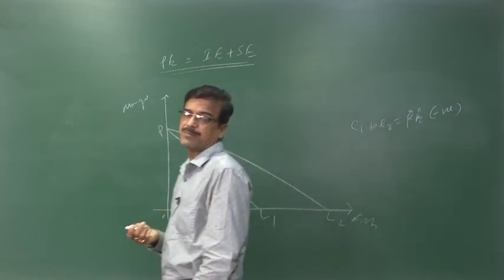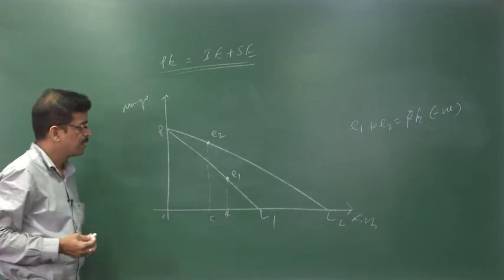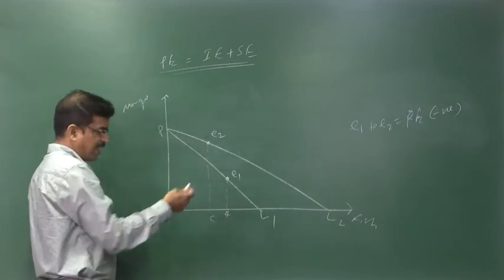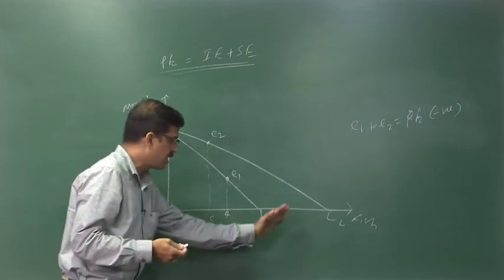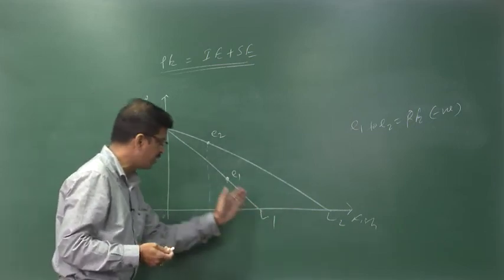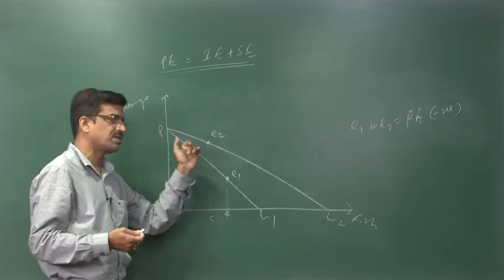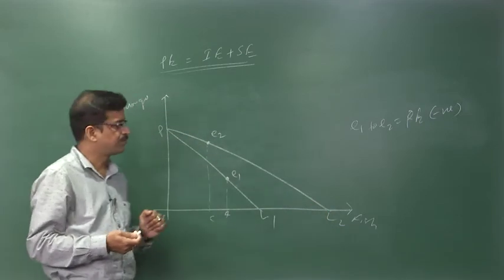Now, the price of X falls, therefore the price line PL1 shifts to PL2, and the consumer's equilibrium moves from E1 to E2, that is called the price effect, as you know.